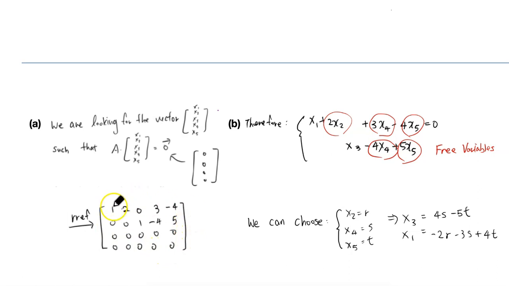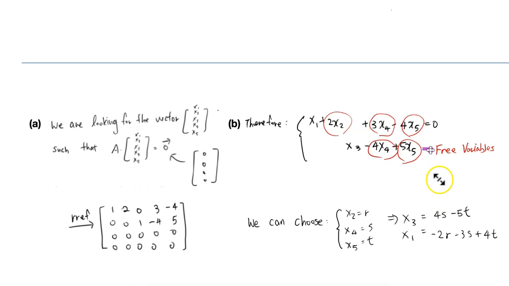So this means, let's say, x1 plus 2x2 plus 3x4 minus 4x5 equals 0, and x3 minus 4x4 plus 5x5 equals 0.